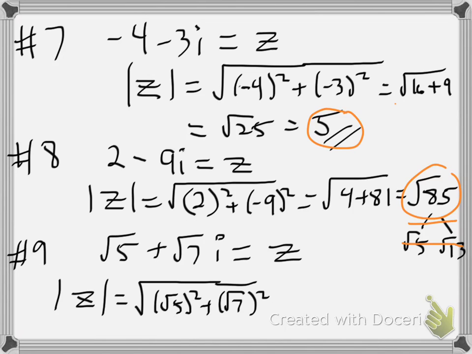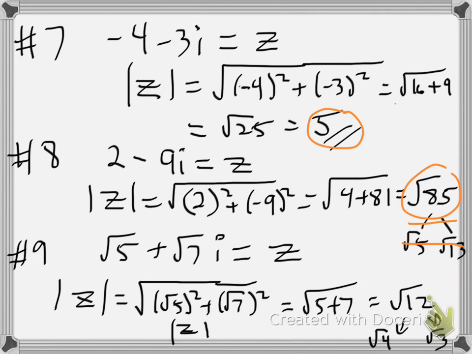Again, I keep poking out the i's. The square roots go away when you square, and you get the square root of 12. Unfortunately that's not simplified. That's the square root of 4 times the square root of 3, so the absolute value is 2 root 3. And there's your final answer on those ones.